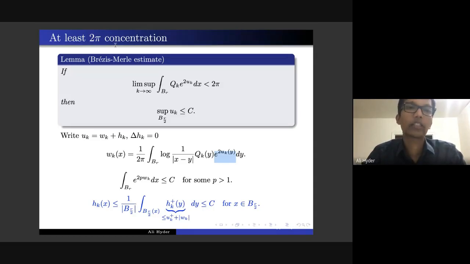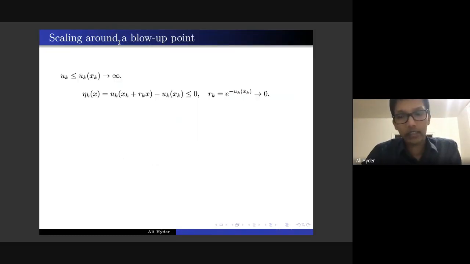Okay, so this explains why we need at least 2 pi amount of concentration. Next is, why do we have 4 pi? Simply assume that u_k of x_k goes to infinity, and this is the maximum, so that is the height of the peak.